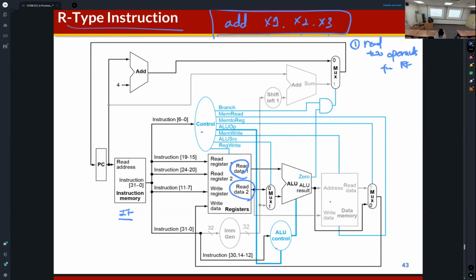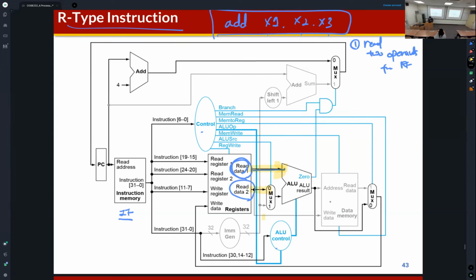Read data 1 is directly connected to the ALU. But if we see the read data 2 output from the register file, we can find this read data 2 signal is connected to one of the inputs of the multiplexer, the box.